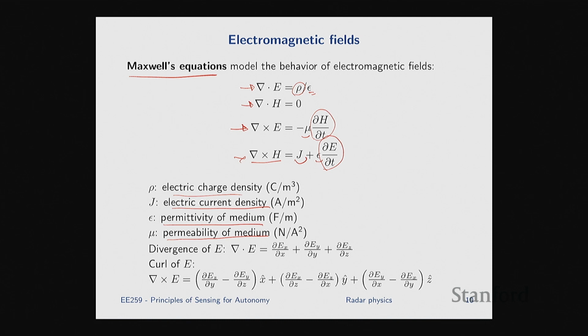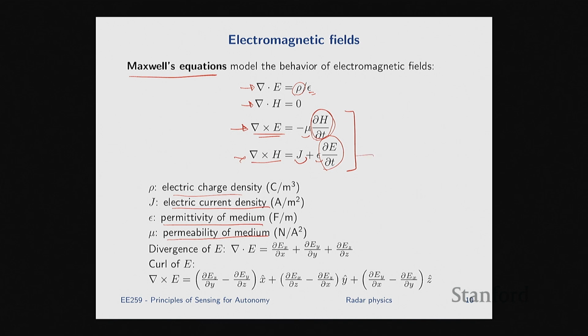Okay, so what matters for us here is, as these last two equations show, there are two things that can give rise to electromagnetic radiation. One is a time-varying magnetic field: if this partial H, partial t term is non-zero, that gives rise to an electric field, because then the curl of E becomes non-zero.